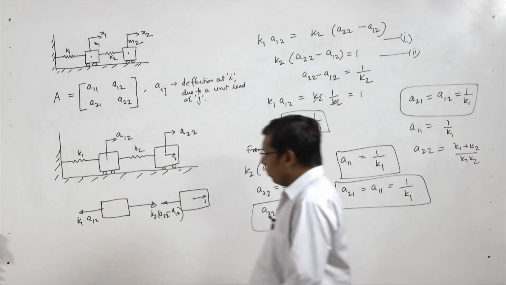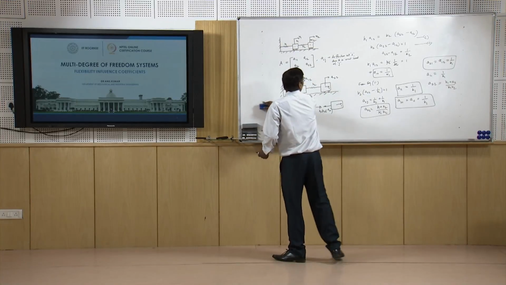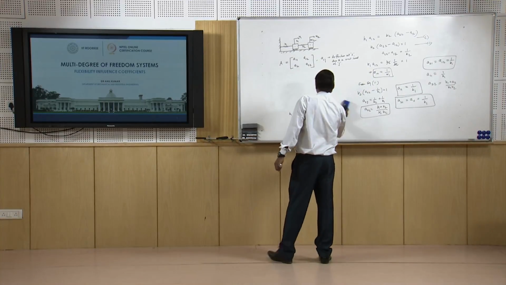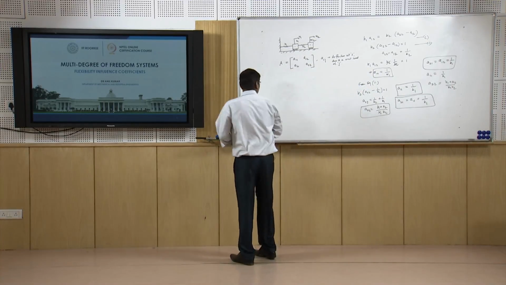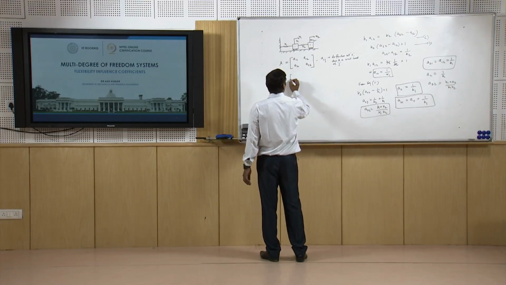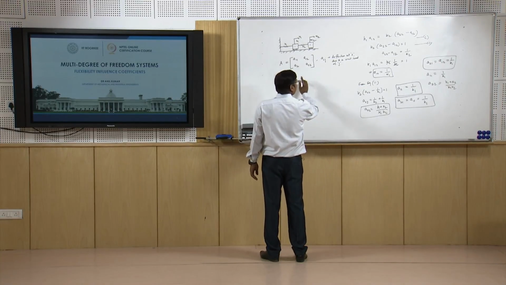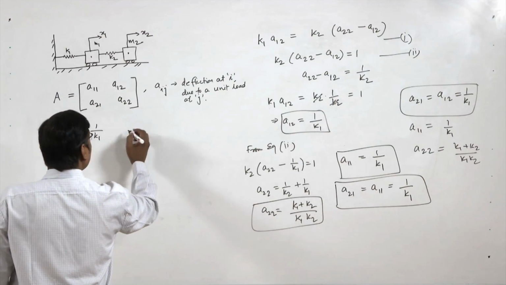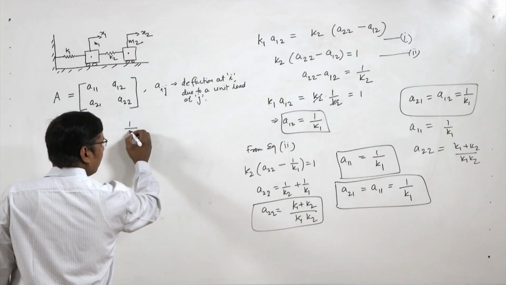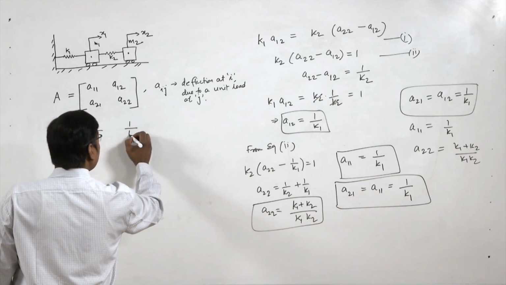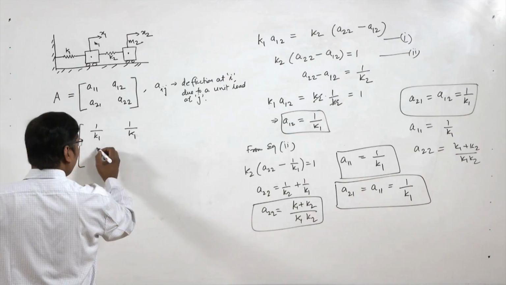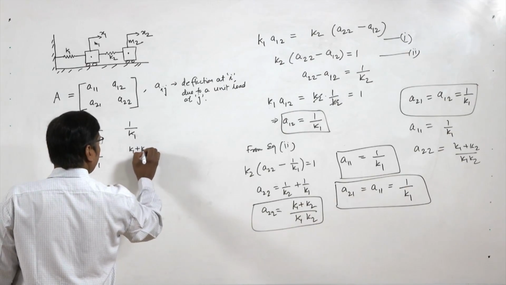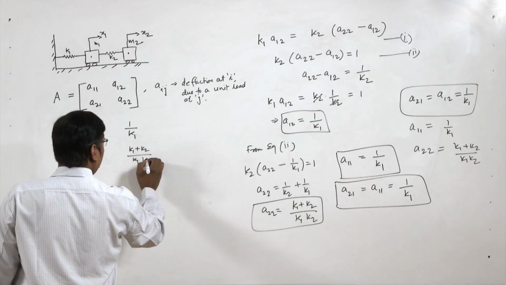So now we know all the elements of this matrix, so we can write it. A equal to A11, that is 1 by K1, and A12, that is 1 by K1, and A21 is also 1 by K1, and A22 is (K1 plus K2) by K1 K2.